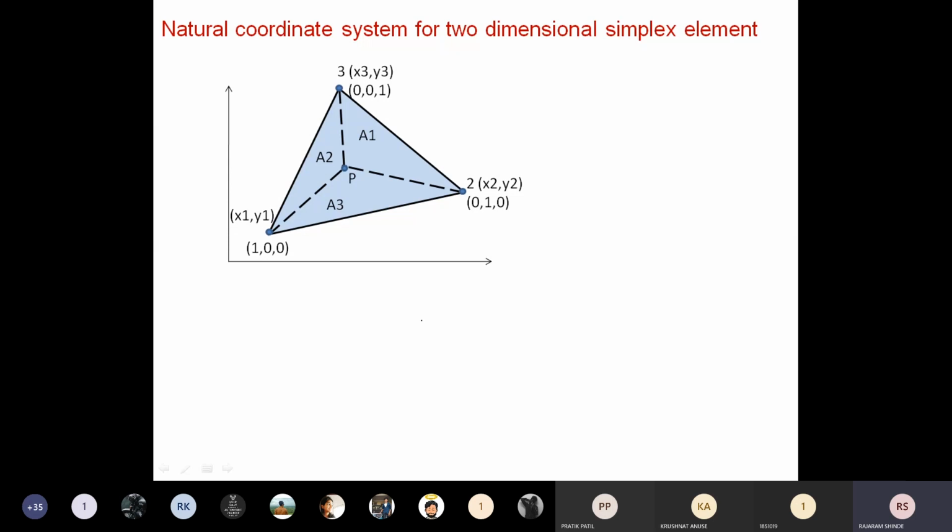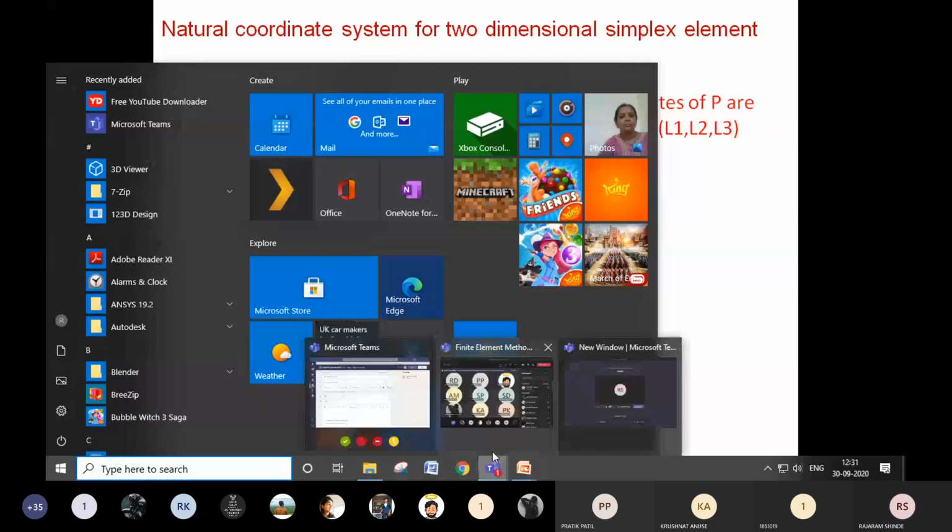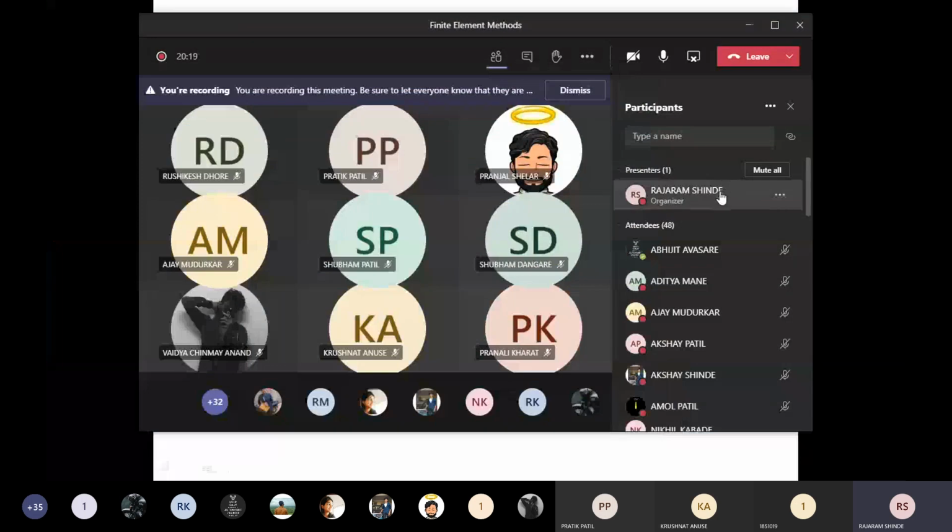Now I will show you, it is clear. You can see here. If you have doubt in this figure, you can ask me. If you have doubt in anything, I will explain it. Can anyone explain it? Shubham Patil, can you explain it?